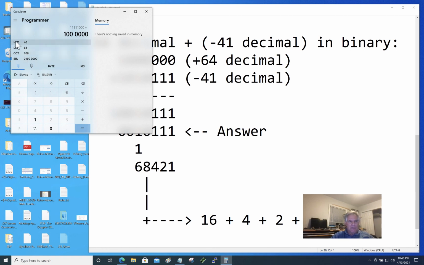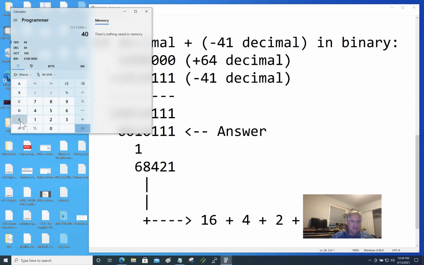Now if you want to go into hexadecimal, you have 0, 1, 2, 3, 4, 5, 6, 7, 8, 9, A, B, C, D, E, F. All right. So there you go. So you should be able to try some of those things out, and do some simple binary arithmetic.